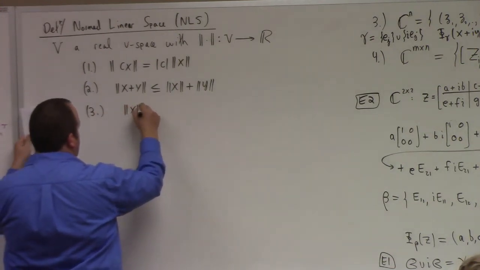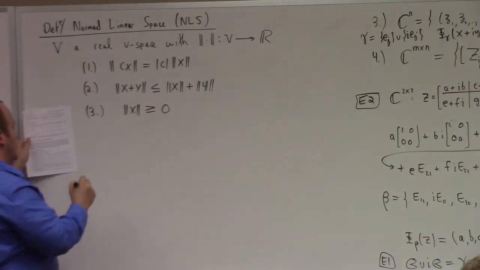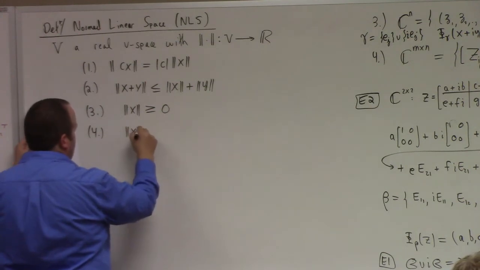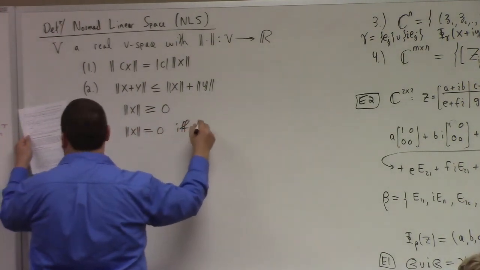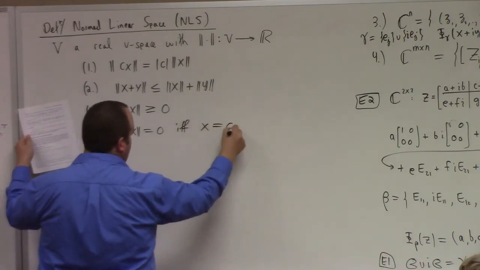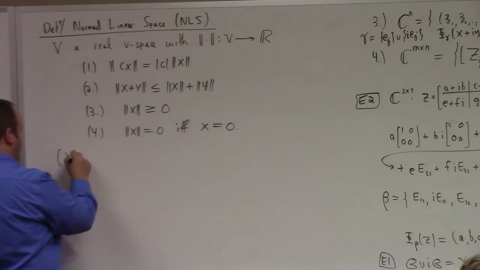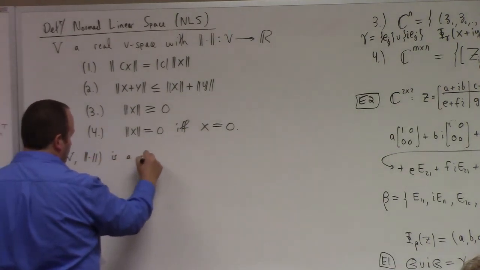The norm of x is greater than or equal to 0. And then 4, the norm of x is equal to 0 if and only if x is in fact 0. So V paired together with a norm is a normed linear space.